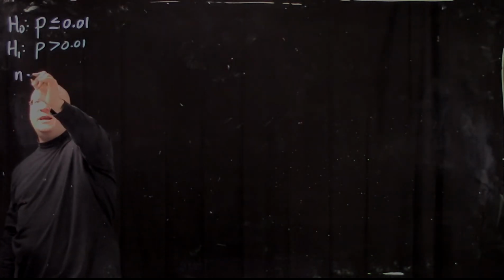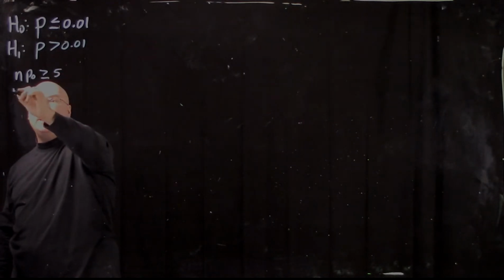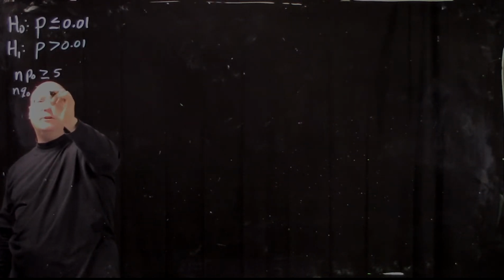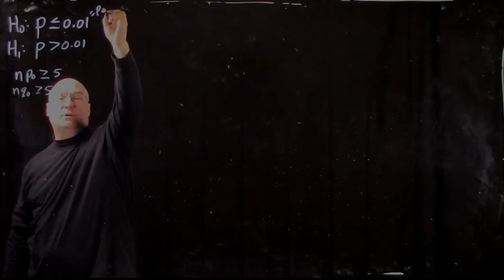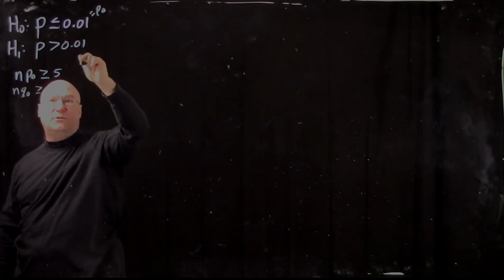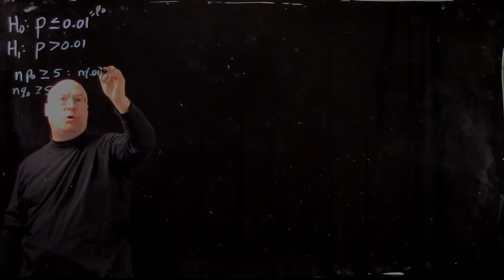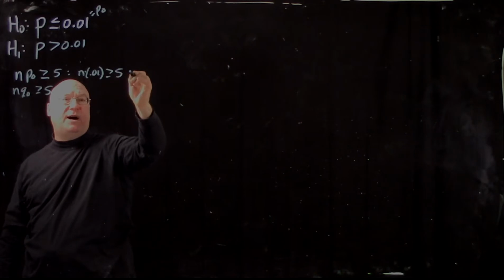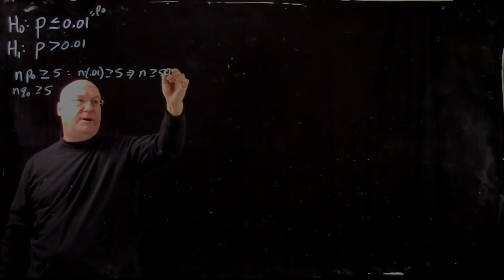Well, we've got to have n p naught bigger than or equal to 5 and n q naught bigger than or equal to 5. This p naught is what we're assuming under the null hypothesis, 0.01. I need n times 0.01 to be bigger than or equal to 5. If you divide through, you get that n must be bigger than or equal to 500.